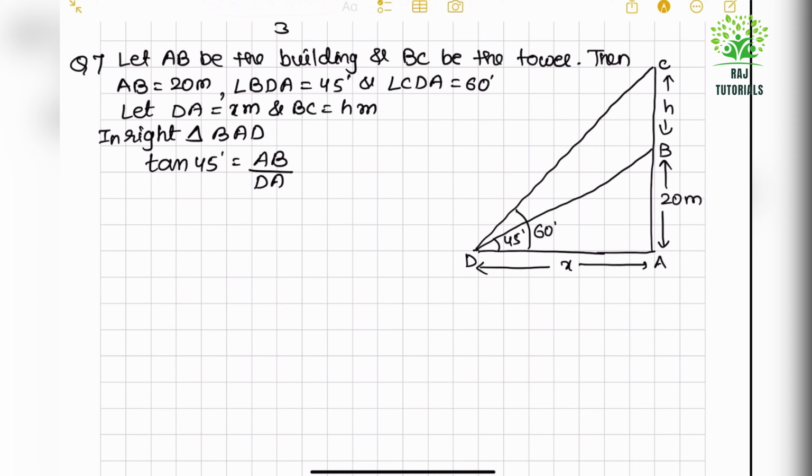So in right triangle BAD tan 45 will be AB upon DA. So 1 equal to 20 upon x. So x will be 20.